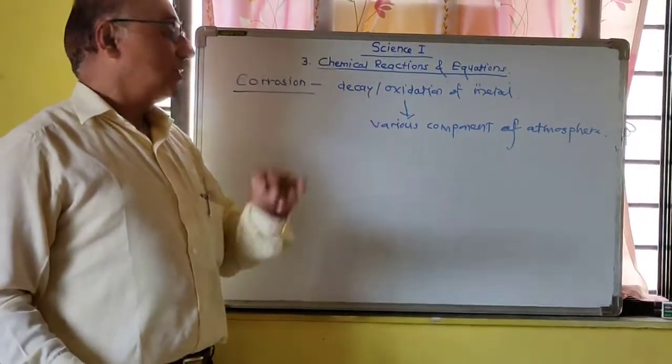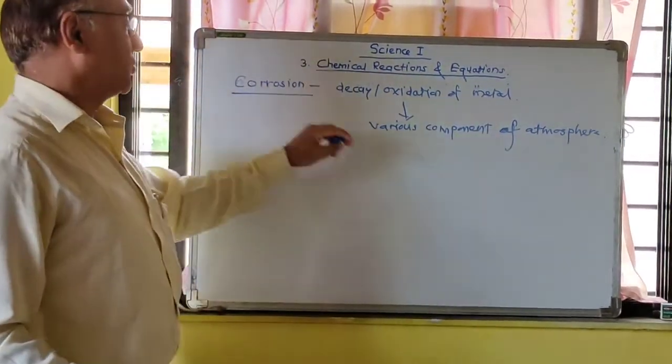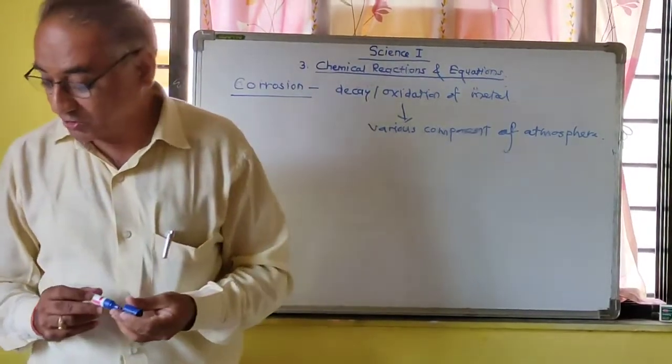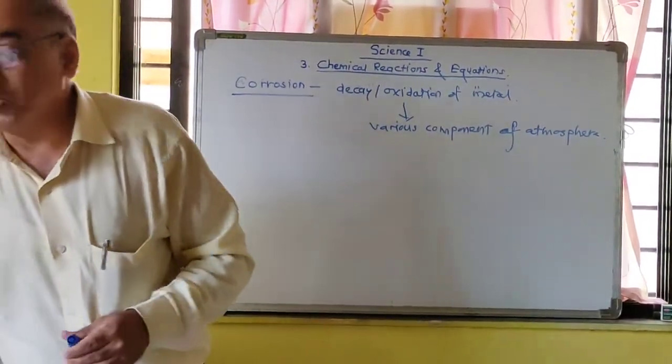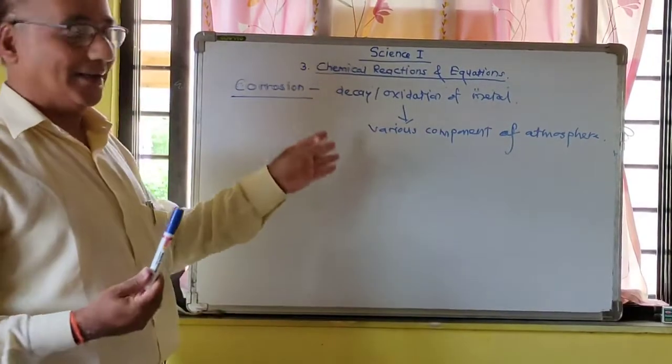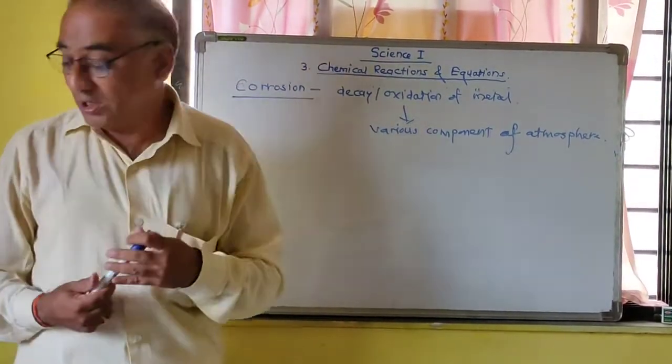This process is a slow process, so it is known as the corrosion process. We know that the rusting of iron is the best example of corrosion.